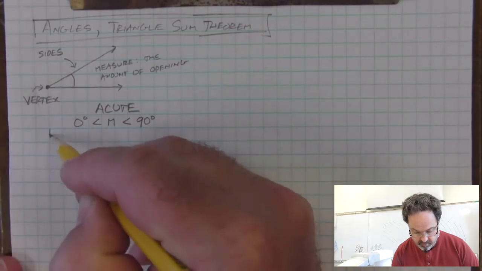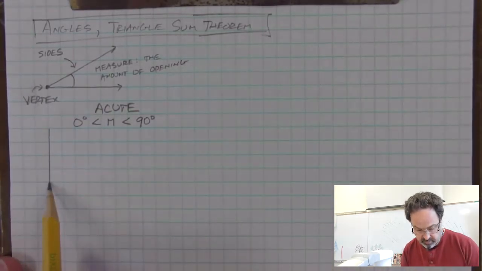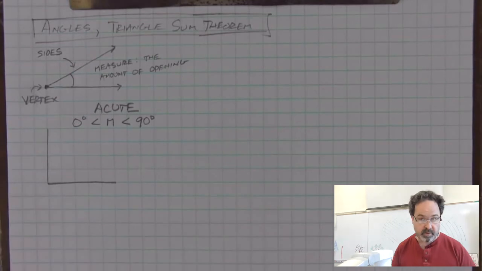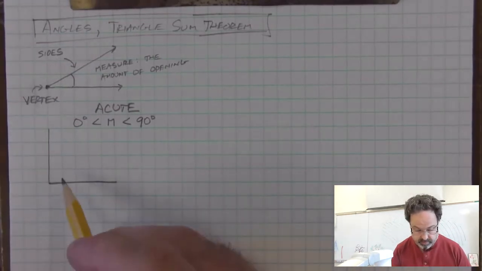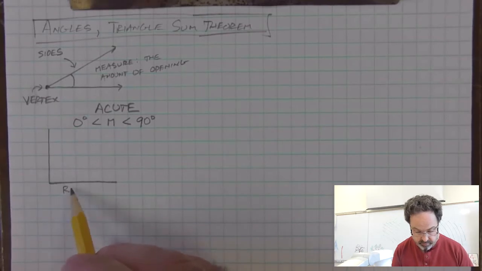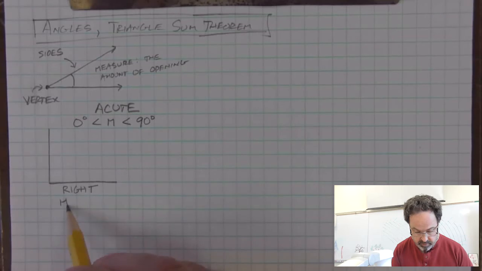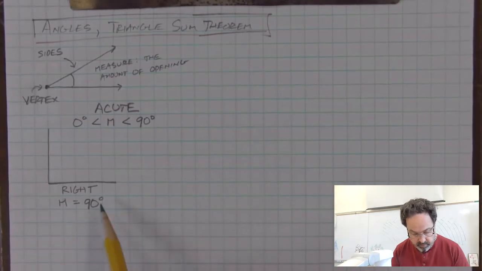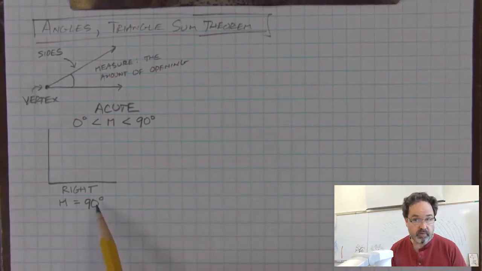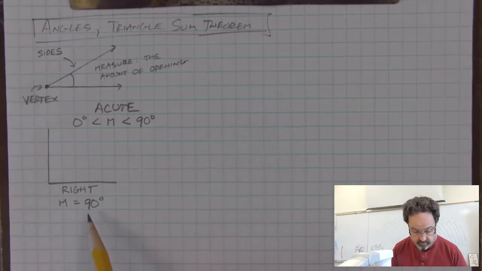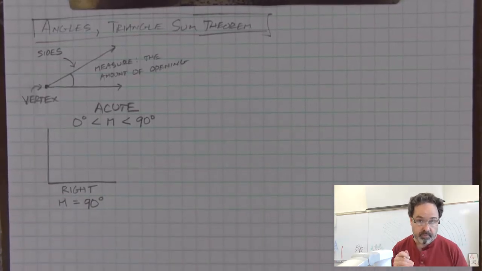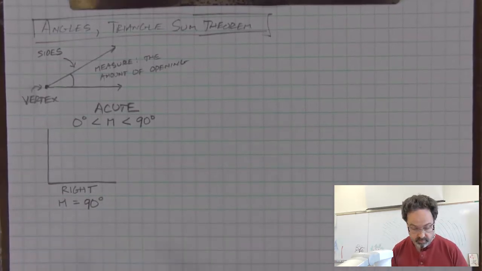If an angle has a measure of exactly 90 degrees, which would be a quarter of a full rotation or a full circle, then we say it's a right angle. And the measure M in a right angle is exactly equal to 90 degrees. I'm using the degree symbol, which is a tiny little circle superscripted up and to the right of the number.